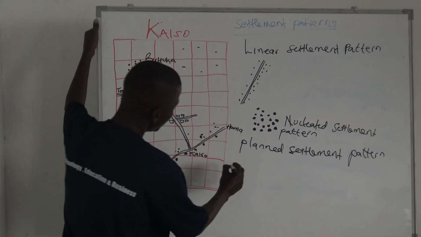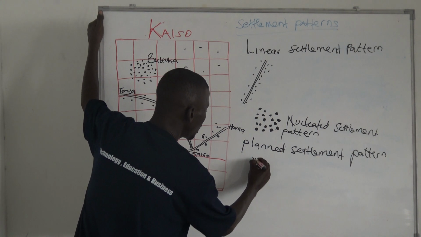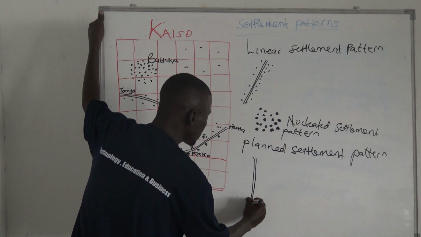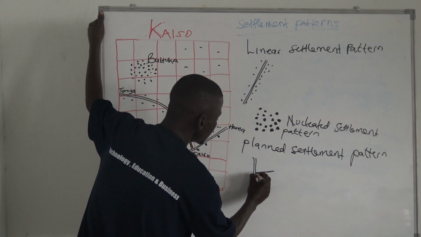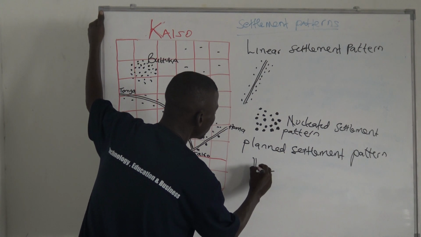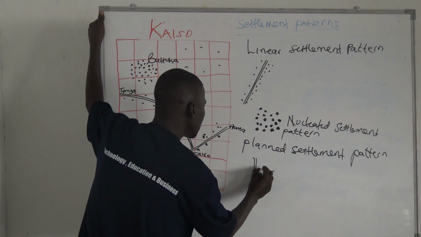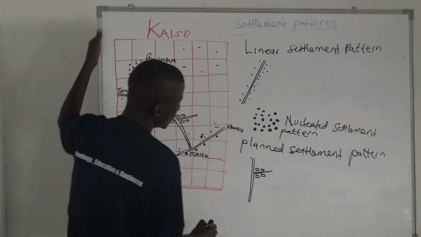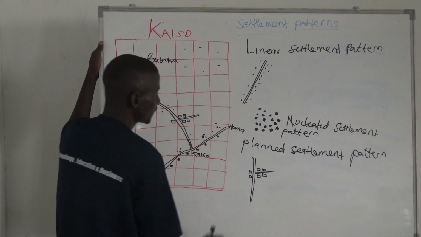A planned settlement pattern is found mainly along road junctions, in trading centers, in towns and cities. For them, instead of having a black dot, this time it is a small black box.